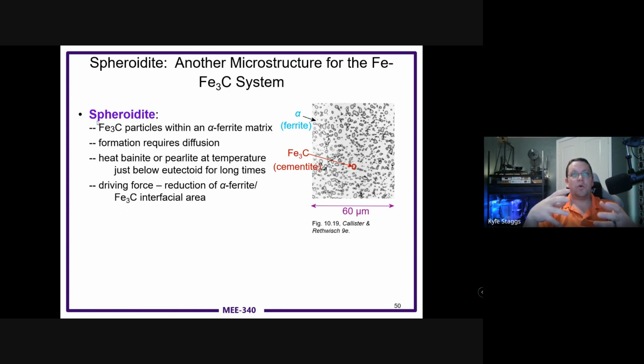right? So nature abhors a vacuum, and diffusion works in metals just the same way. You just have to heat it up to what's called a spheroidizing temperature. We'll talk a little bit about that both here and in 11 as well, in terms of processing of materials. You have to heat those at a temperature just below the eutectoid point for a long time.